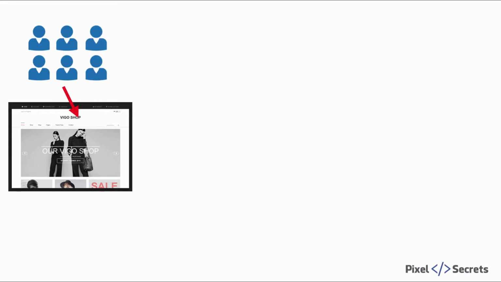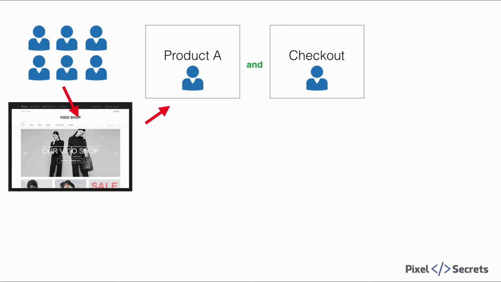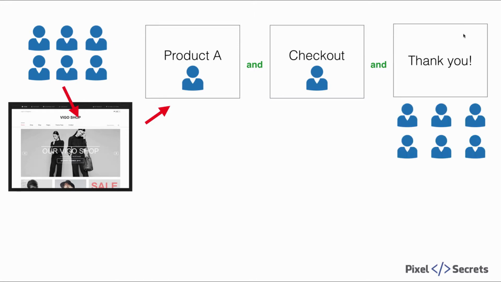Now, another scenario is, let's say you get people to your website and they go to product A. Then they go to the checkout page, and then they place the order. So now you have people who have gone through the process, right? These are your new customers.